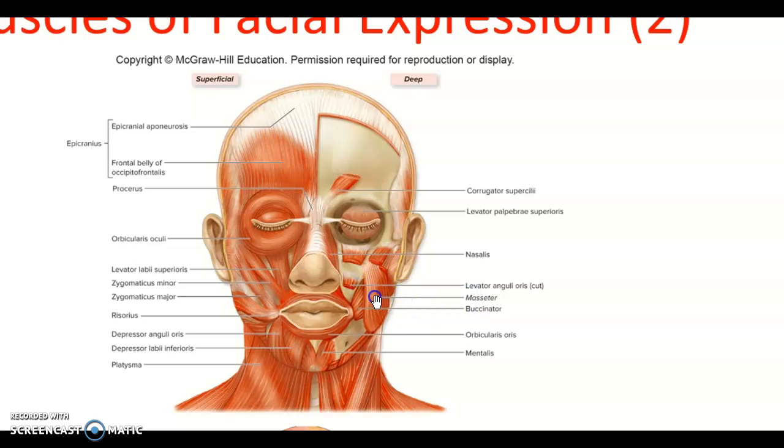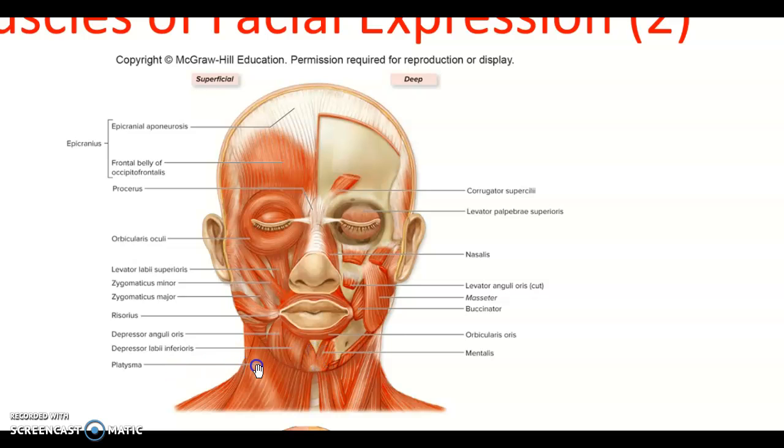The masseter, right here, so the masseter, not masinator, I'm sorry. The masseter is what moves your jaw up and down, that muscle. The buccinator is involved in chewing. Orbicularis oris is right here. Remember, both of these are orbicularis, but there's orbicularis oris and then orbicularis oculi. And then the mentalis is right here.